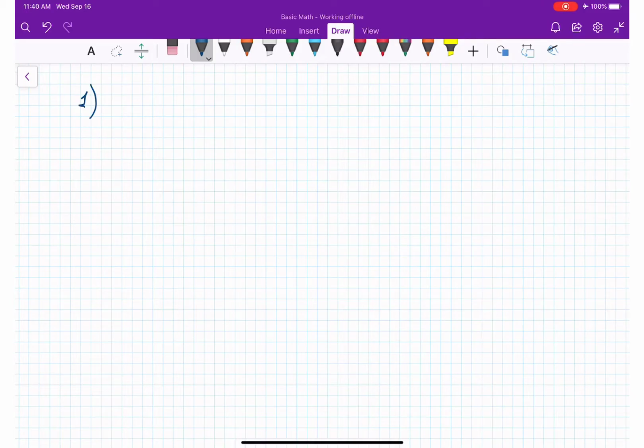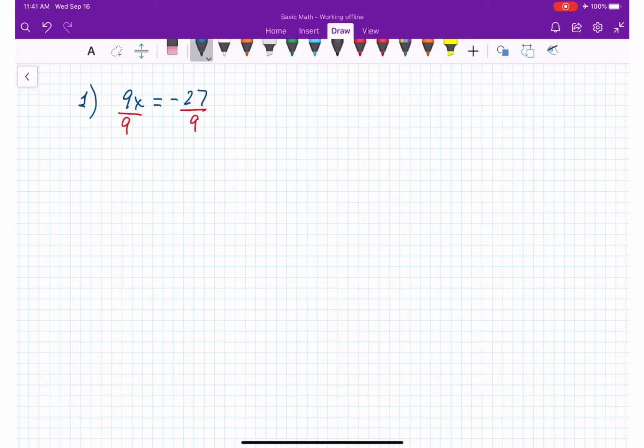So 9x is equal to negative 27. We always have to divide here by the coefficient of x, because we need x by itself. And whatever change we do to one side, we have to do for the other side.